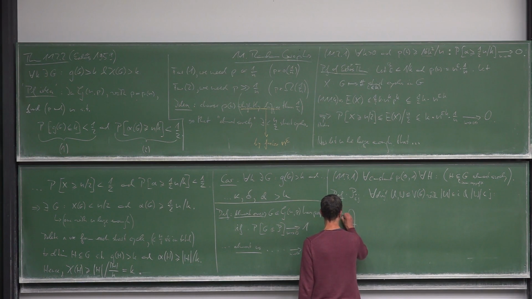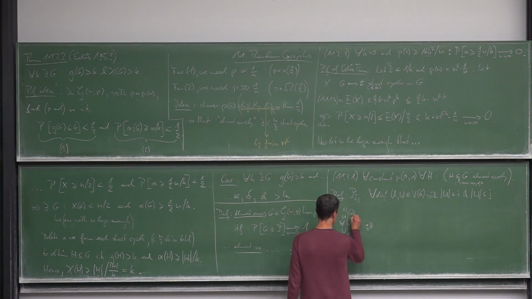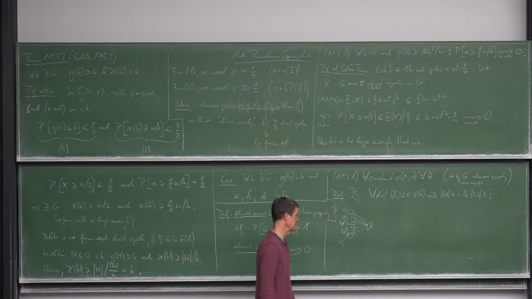So this is at most i, and this is at most j big, there exists a vertex v that is adjacent to everything in U and non-adjacent to everything in W. Okay. That's just property curly P_ij.